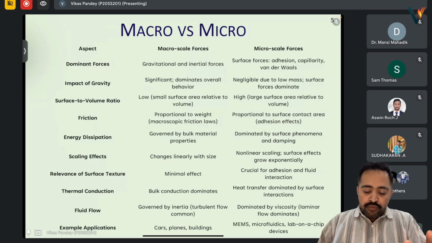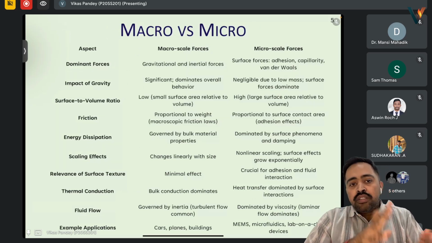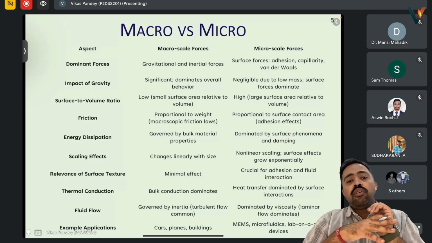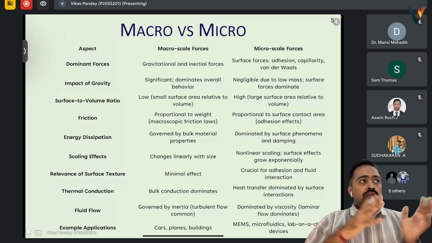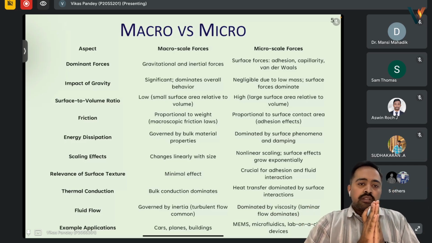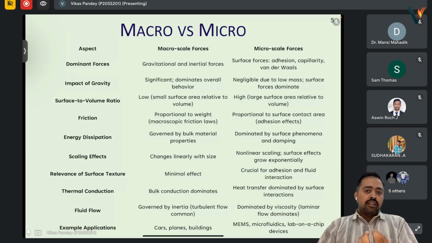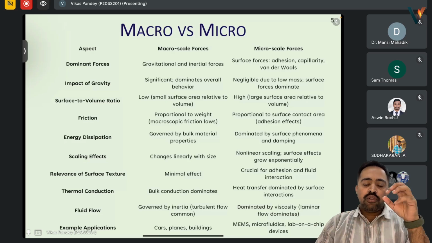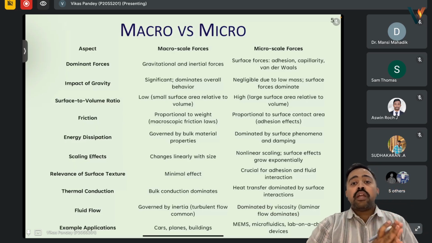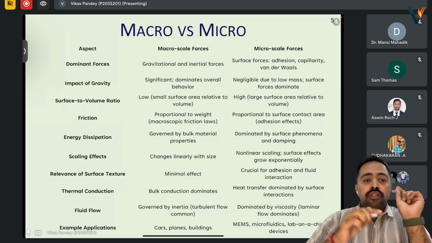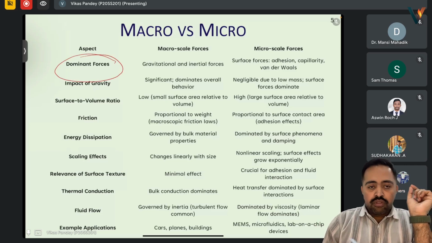So if we do a comparison between macro scale forces and micro scale forces, what is the difference? When we talk about our day to day, what is visible to us, what forces play a role here, and what forces play a role when we go into micro sensors, micro devices or MEMS? The first difference is the dominant forces.